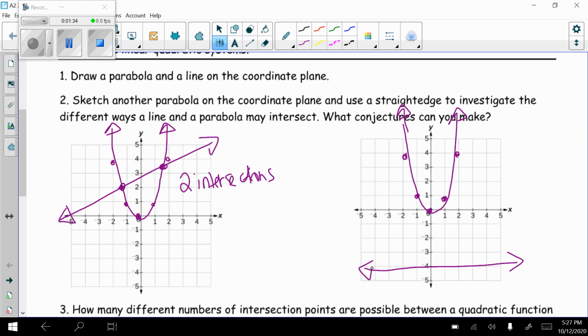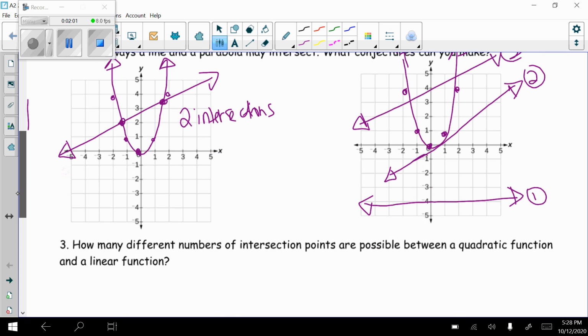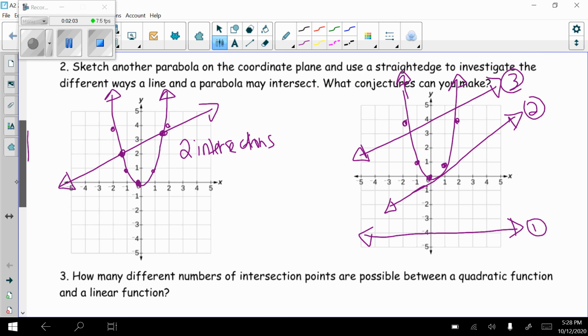I'm going to label this line number 1. But if I drew a line like this, I'm going to label that line number 2. And then I'll draw this line right here and label that line number 3. And then question 3 wants to know how many different numbers of intersection points are possible between a quadratic function and a linear function.